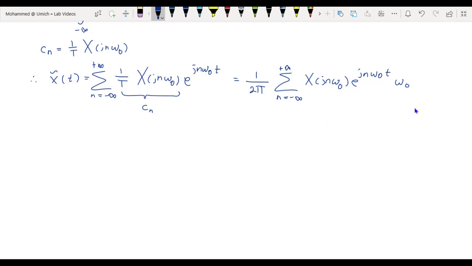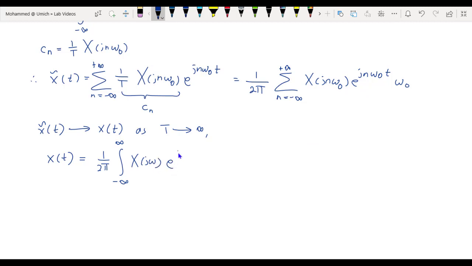And so using the fact that x tilde of t goes to x of t as T goes to infinity, we see that x of t equals 1 over 2 pi times the integral from minus infinity to infinity of X of j omega e to the power j omega t d omega, where X of j omega is defined to be the integral from minus infinity to plus infinity of x of t times e to the power minus j omega t dt.